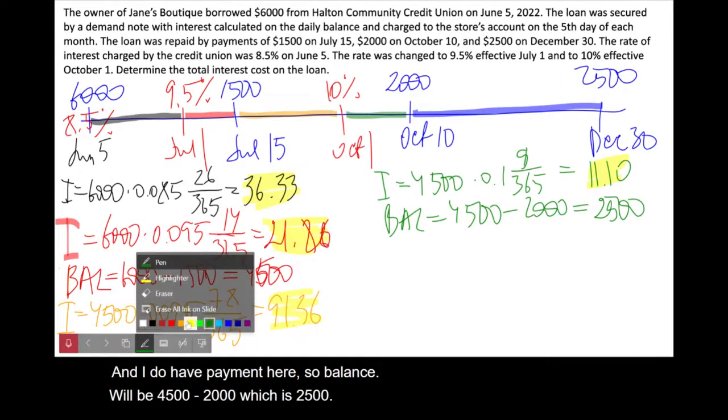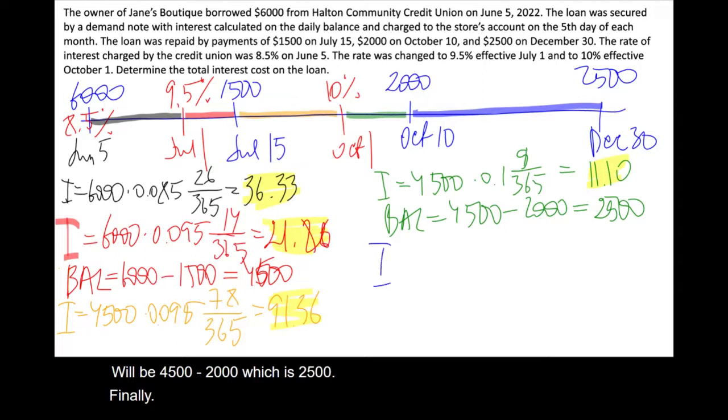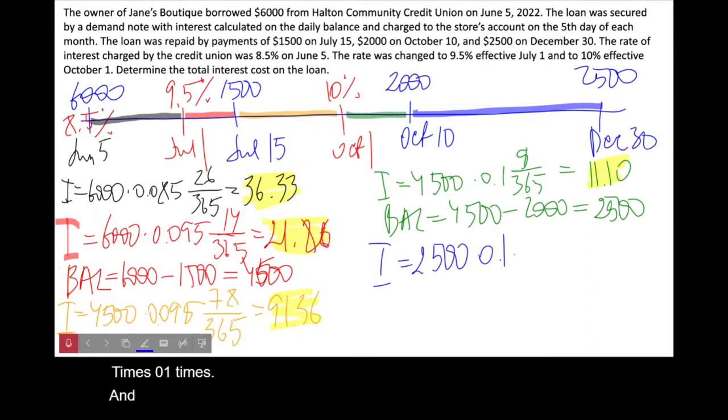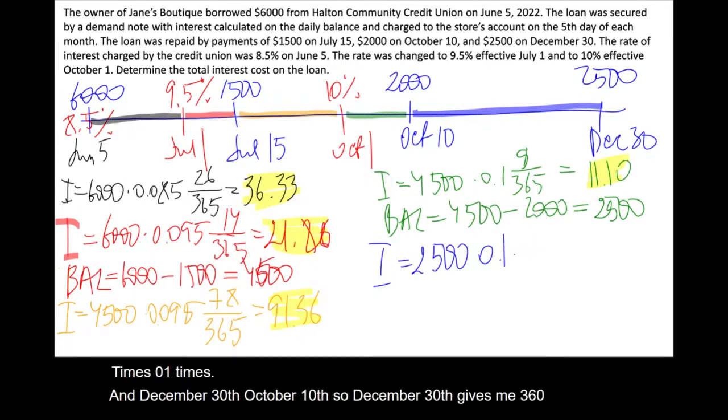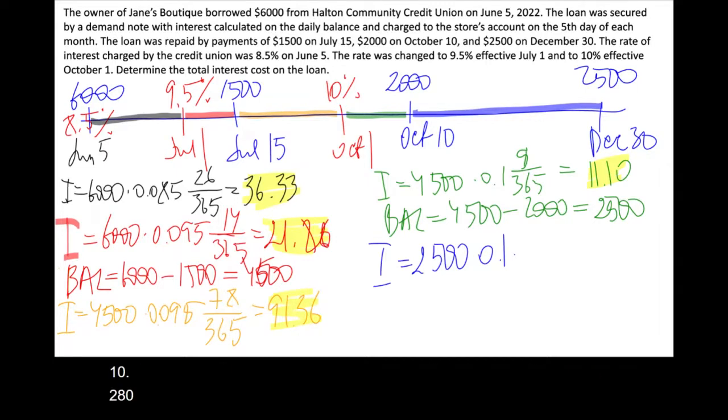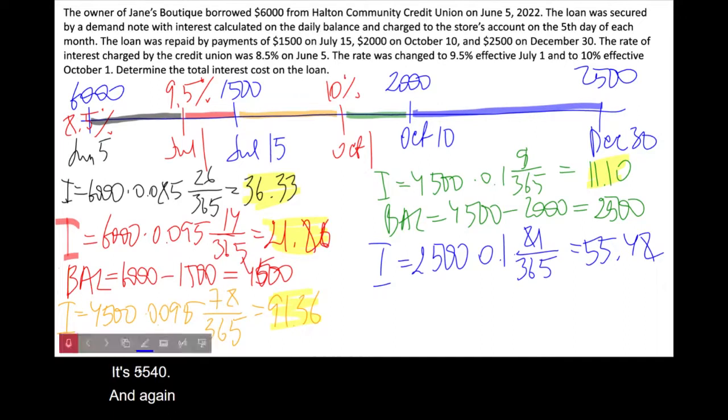And finally, interest is 2,500 times 0.1 times the days between December 30th and October 10. December 30th gives me 364 and October 10 gives me 283, so the difference is 81 days. That is $55.48, and again I highlight this value.